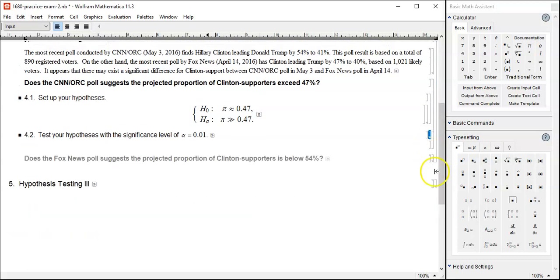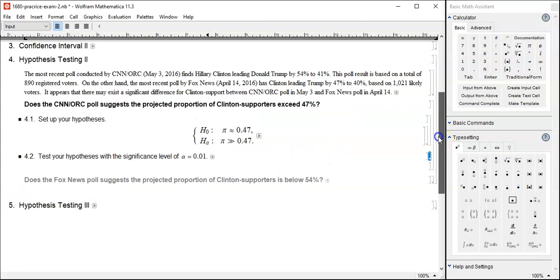Now, how about the next problem here? Do the same. Basically do the same for the Fox News poll. Does Fox News suggest the projected proportion of Clinton support is below 54%?